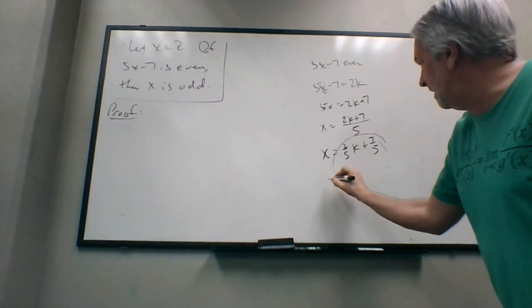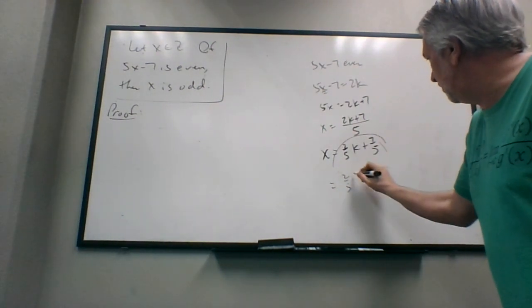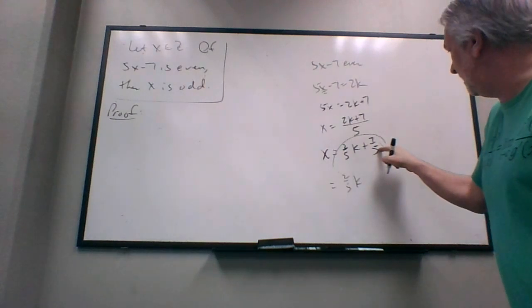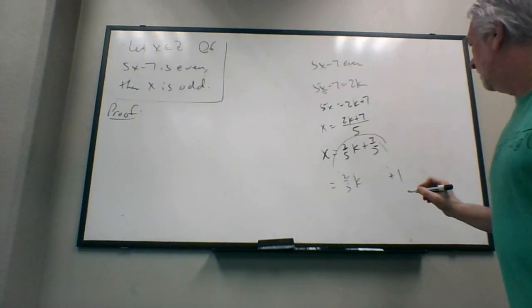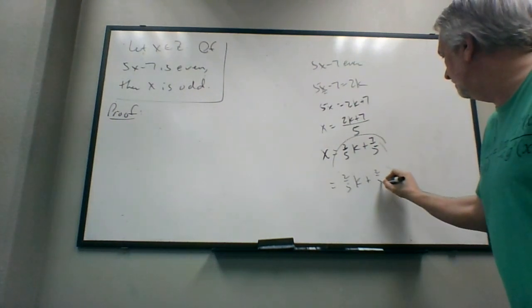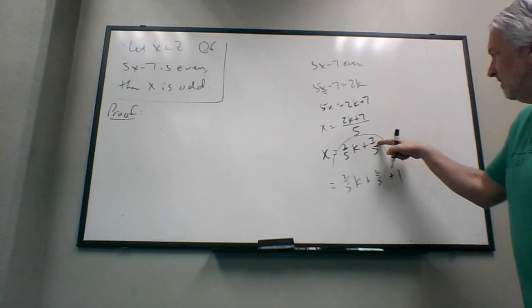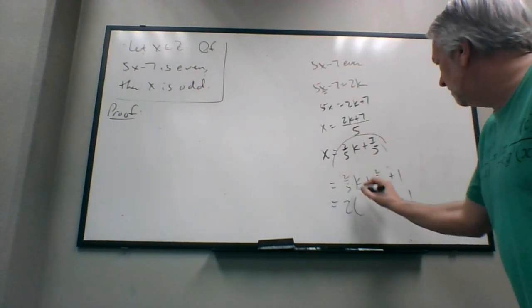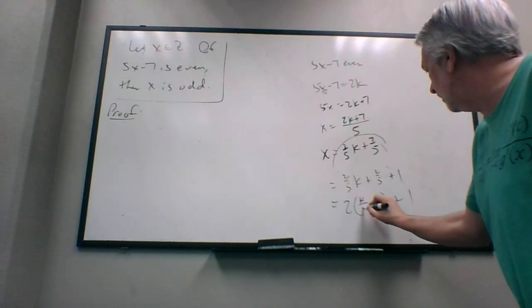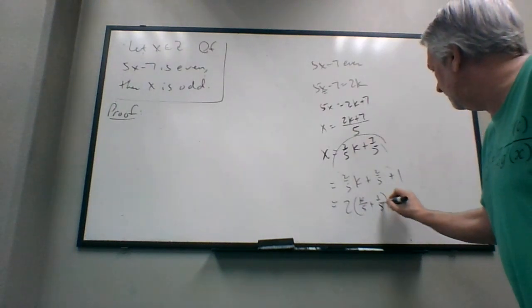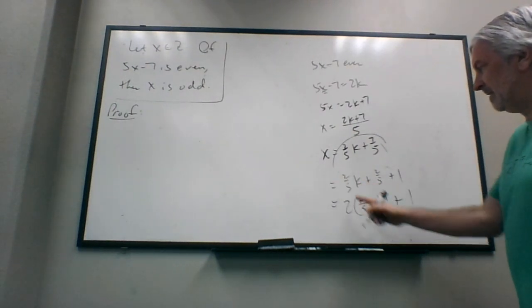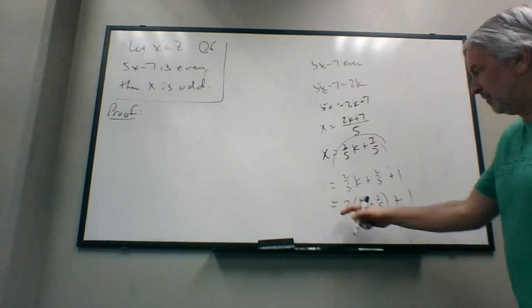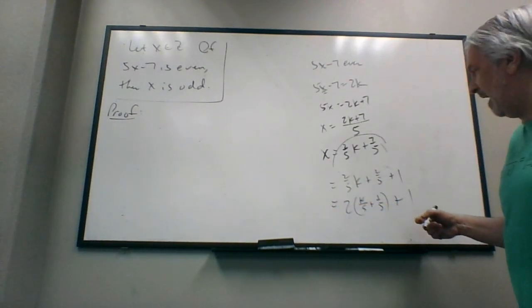Let's play the same game I did on the previous proof. 2/5 k. Let's rewrite this as a plus 1. So what do I need? A 2/5 here? Because 2/5 and 5/5 is 7/5. And now let's factor out a 2. So this is going to be k over 5 plus 1/5. Notice I didn't factor out a 2/5, even though that's the greatest common factor. I factored out a 2. I'm trying to make this look like the definition of odd.